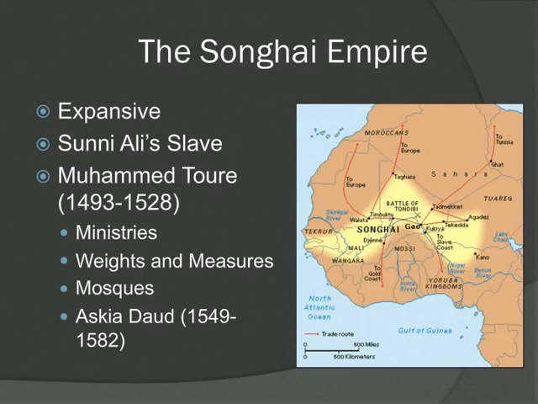His grandson, Askia Daud, was basically, this was the time when the Songhai Empire reached its zenith, but what ended up happening is it actually got too big, and with help from the Europeans, a lot of the nomadic tribes from the north, what we would consider Morocco today, that area, and from the Western Sudan, came in and started raiding, and the empire got too big, and it ended up crumbling.